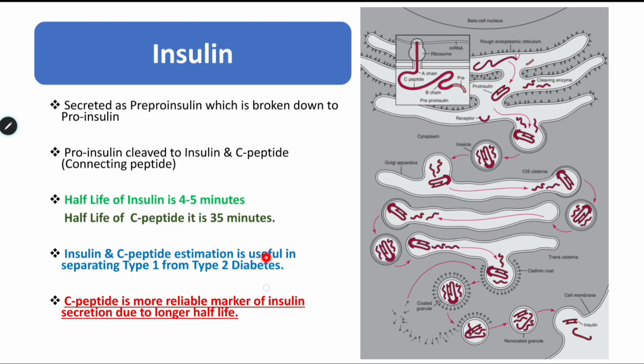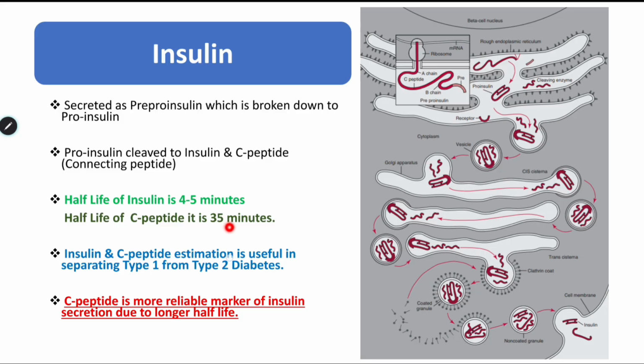If you want to distinguish whether this hyperglycemia is because of type 1 diabetes or type 2 diabetes, you do a fasting insulin C peptide level. If insulin, more than insulin, the C peptide, if they are normal, that means insulin secretion is normal. So it is most likely type 2 diabetes.